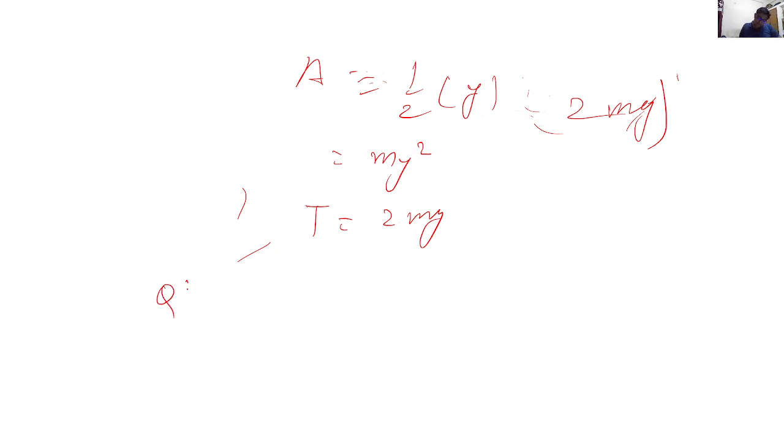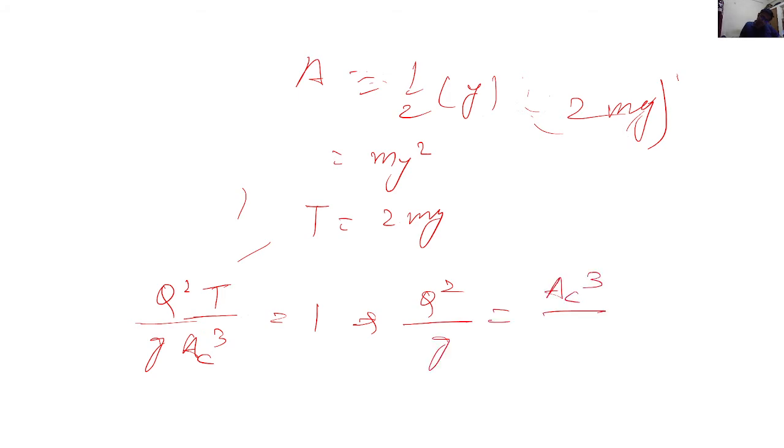Okay, so let us just go back to the specific energy expression: Q squared T by g A cubed equal to 1. So this will mean that Q squared by g is equal to Ac cubed by Tc.